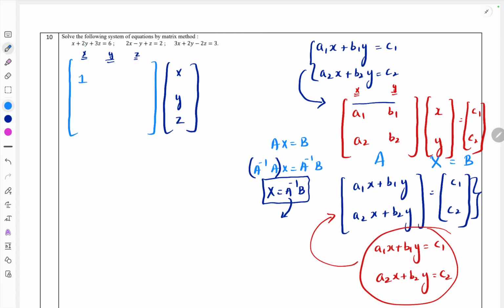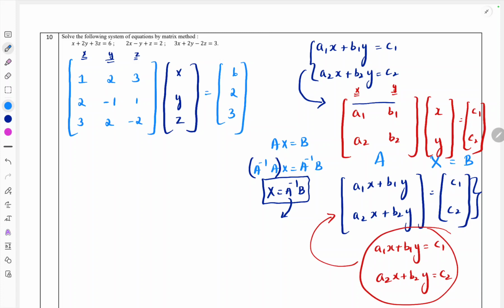We have 1, and here the coefficient of y, this is equation 1, 2, 3, and here it is 2, minus 1, 1. Suppose it is given minus z plus y, so in this case minus 1 will come here and plus 1 will come here. So minus 1, plus 1, and here it is 3, 2, minus 2, equal to 6, 2, 3.